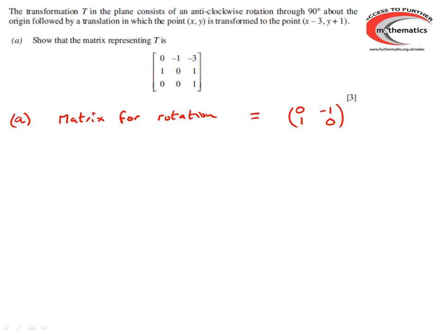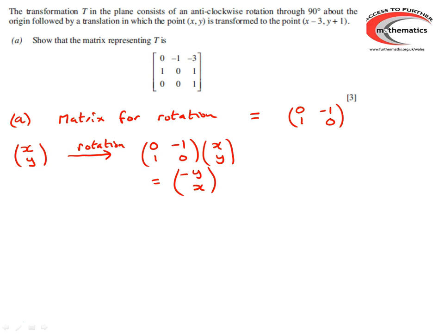So we've got the matrix for the rotation, which means that our arbitrary point x, y, once we've done the rotation, will become the matrix times x, y, which gives me minus y, x.